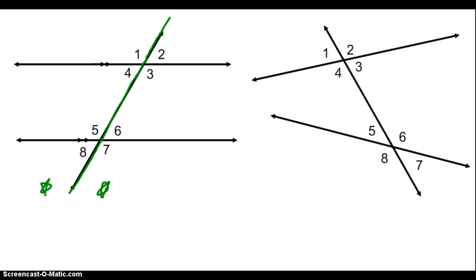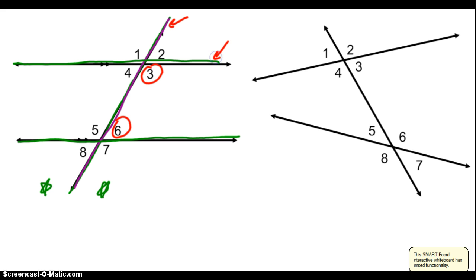And same side interior would mean that they're on the interior of these two parallel lines. So for example, 3 and 6 are same side interior. They're on the same side of that purple transversal, and they're on the interior of these two green lines.